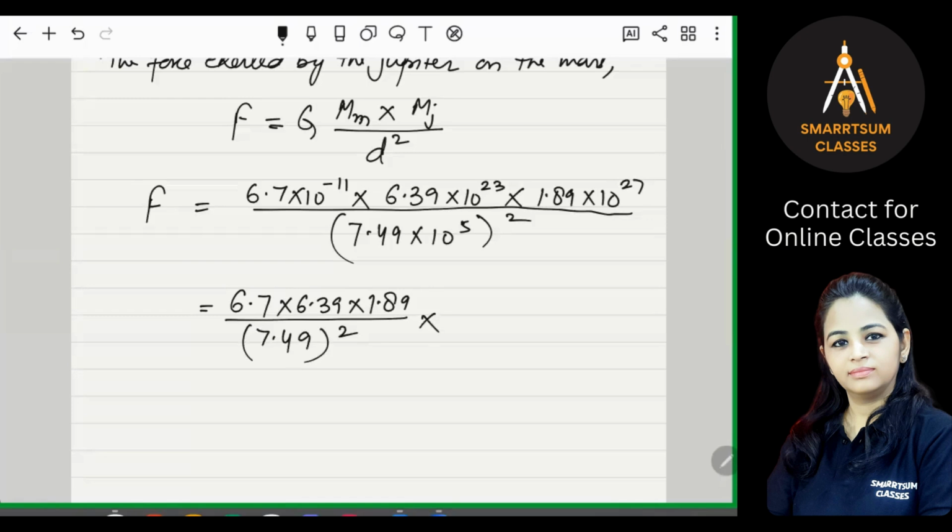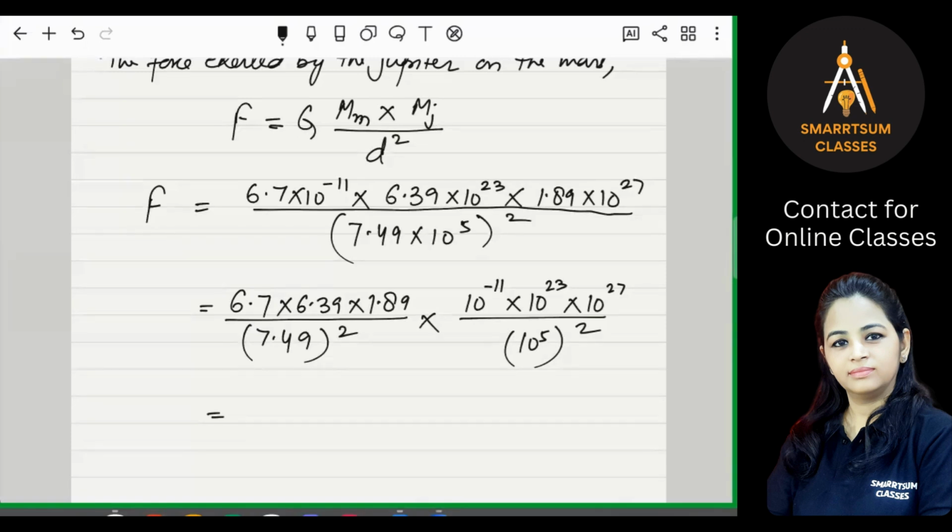Now, in the numerator, you have 10 to the power minus 11 into 10 to the power 23 into 10 to the power 27. In the denominator, you have 10 to the power 5 square. I'm just telling you how to solve it. Everybody please write down.